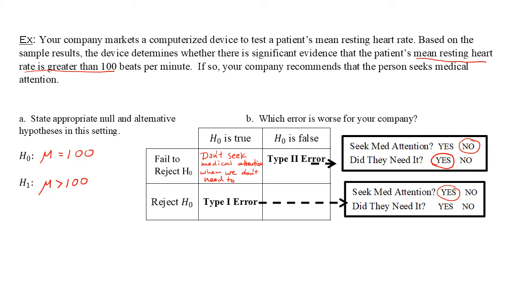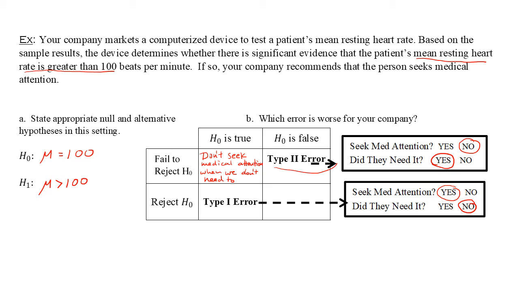And so we would be told to seek medical attention when in fact we didn't need it. So this kind of error would be that we seek medical attention even though we didn't need it, versus the type 2 error where we didn't seek medical attention but we did need it.